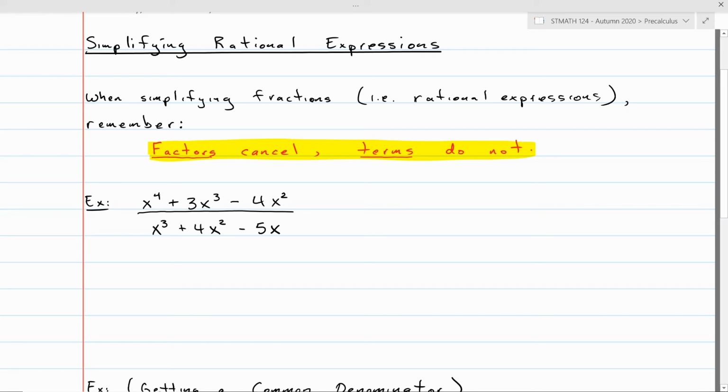So how could we start factoring here in this example? Well, I see that I could factor out an x squared in the numerator, and that would leave me with x squared plus 3x minus 4. And I see that I could factor an x out in the denominator too, and then I'd have x squared plus 4x minus 5.